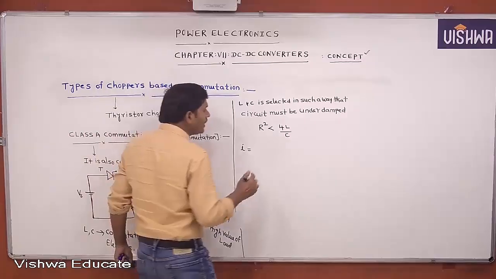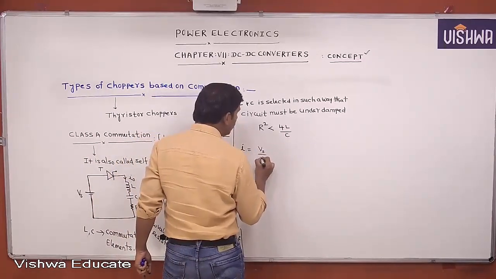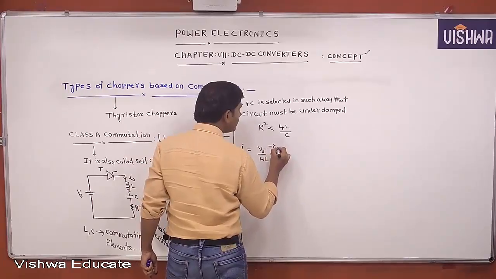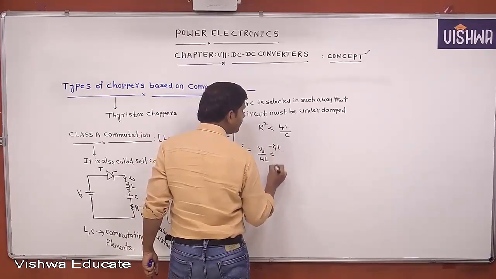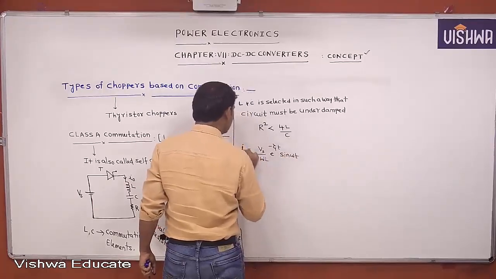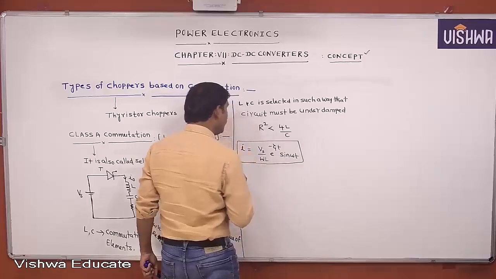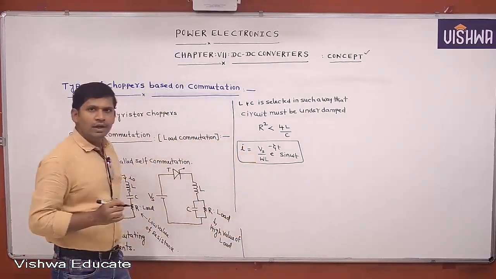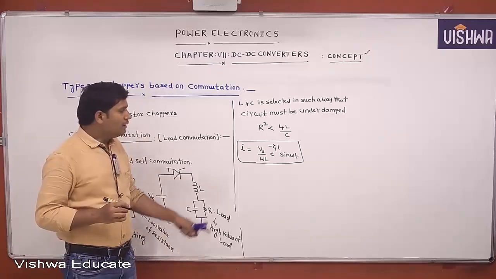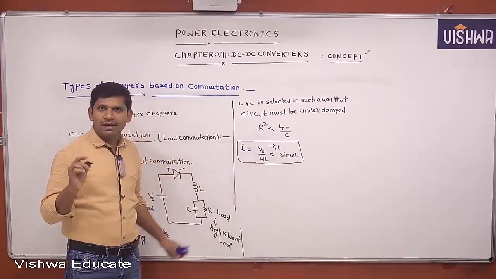Then we can write I equal to Vs by omega L into e power minus zeta t into sin omega t. This formula you know. What omega is and what zeta is are already given in the RLC circuit.